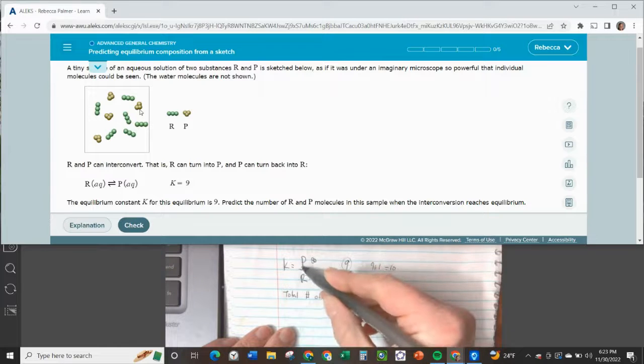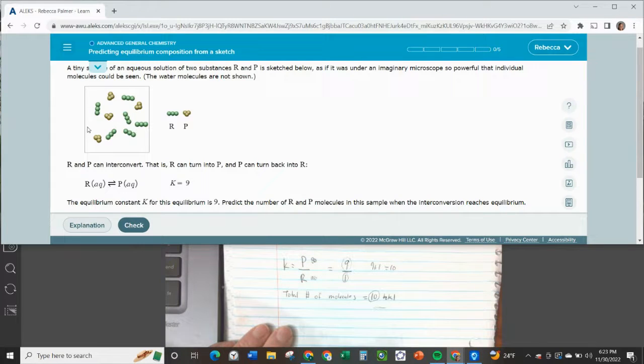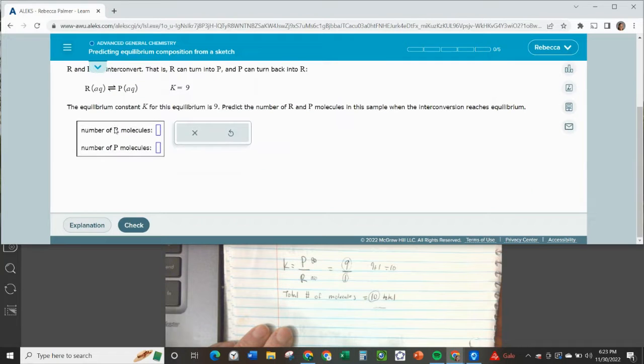So that tells me that for this reaction to reach equilibrium, 9 of these have to be this product molecule, and 1 of them has to be this reactant molecule, and then we'll know that it's at equilibrium. Also, they don't put it in order, so just be careful.